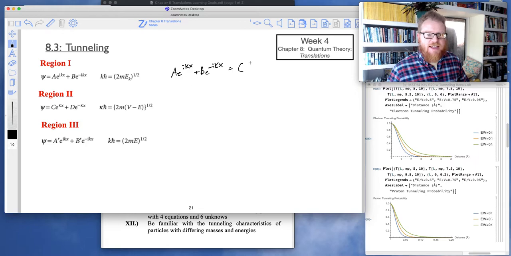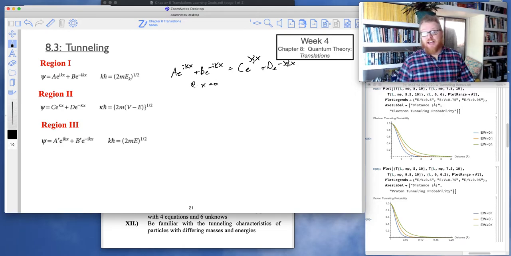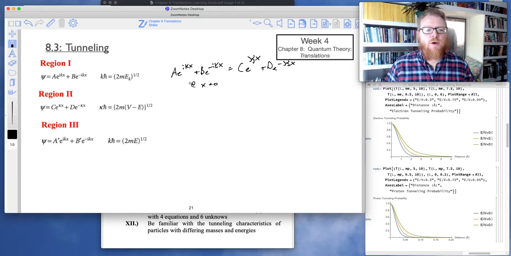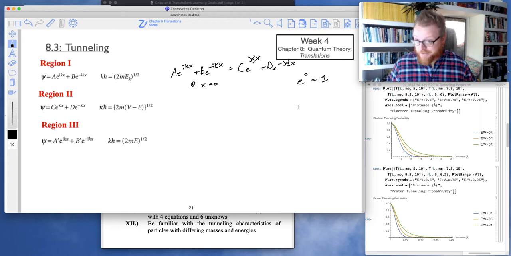So now that's C e^(kappa x) plus D e^(-kappa x). And at x equals 0, these functions have to be equal to each other. So what happens? Well, you notice these are all e to the power x, and e raised to the power 0 is just 1.